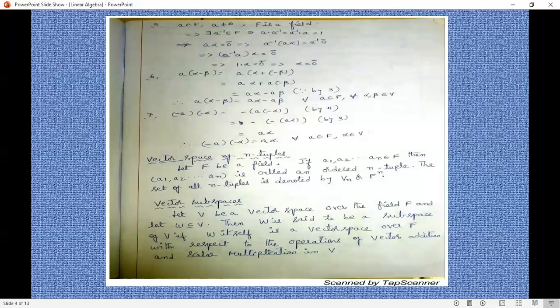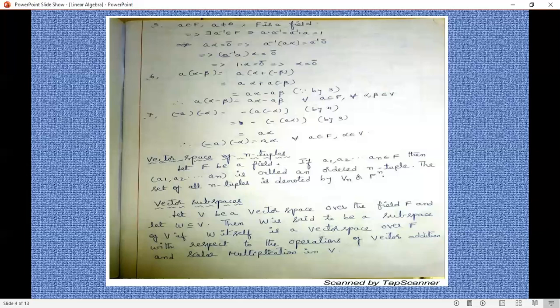Then W is said to be a subspace with respect to the operations of vector addition and scalar multiplication in V. That means if we take W as a non-empty set contained in V, and W itself is a vector space, then W is called a subspace of the vector space V of F. Observe carefully, students.